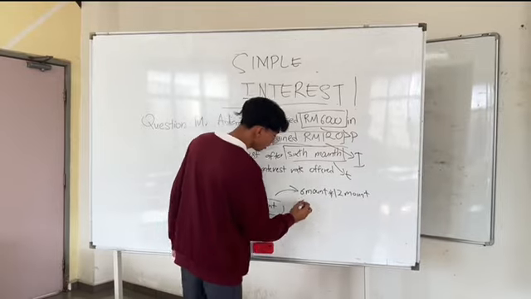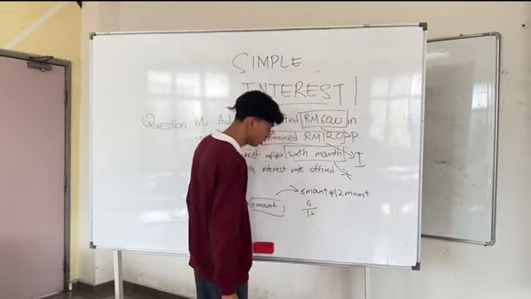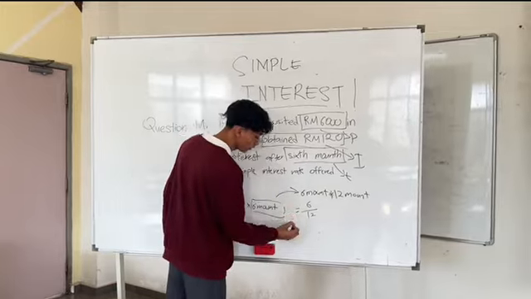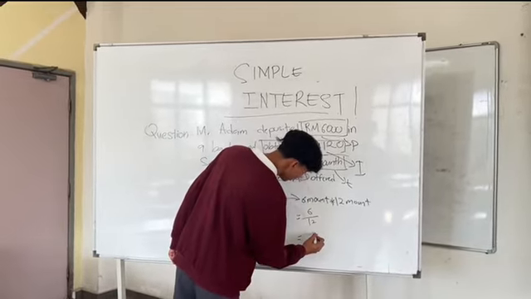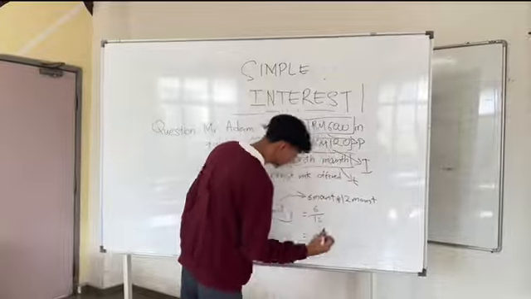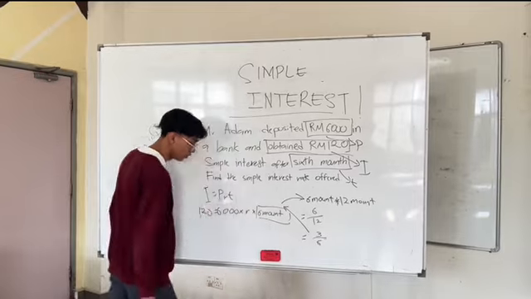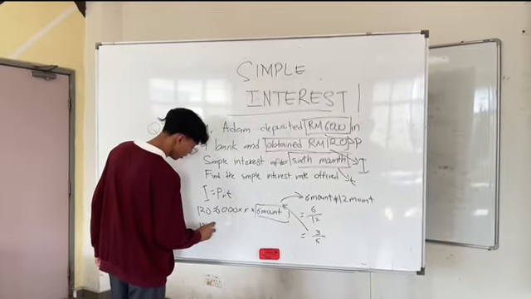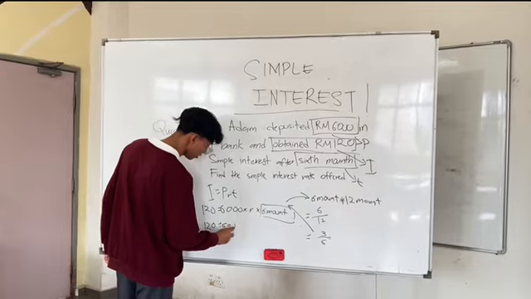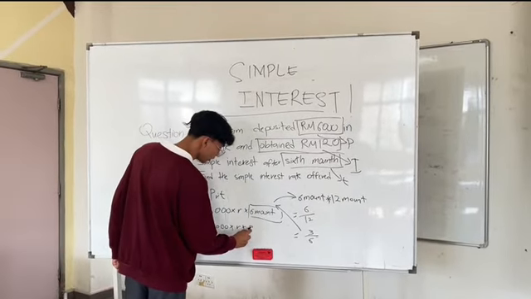So it's 6 over 12, so we're going to get 1 over 2. So we put it here: 120 equals 6,000 times R times 1 over 2.